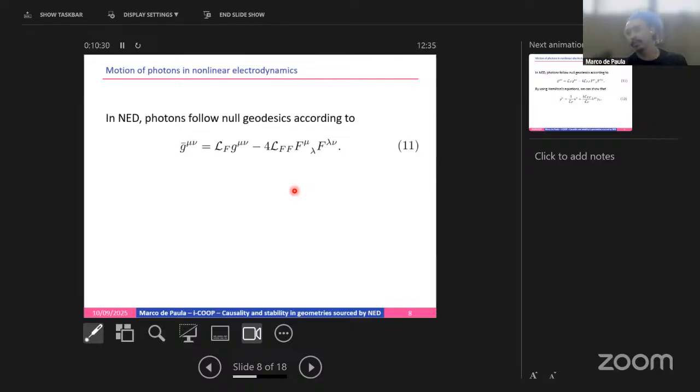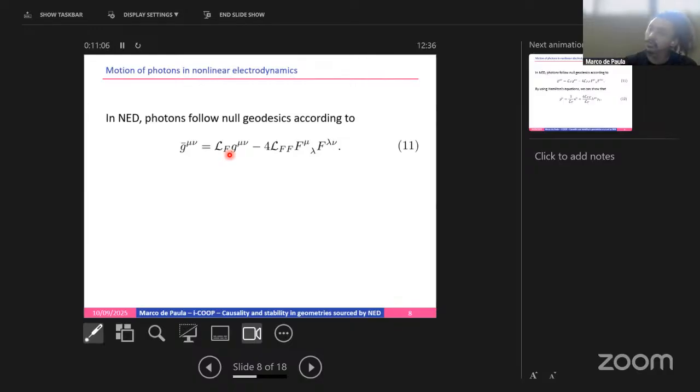I showed you at the beginning of the presentation that the self-interactions of the nonlinear electromagnetic fields in nonlinear electrodynamics introduce an effective current tensor. And this effective current tensor affects the motion of photons in such a way that in nonlinear electrodynamics, photons follow null geodesics of an effective metric, which is given by this equation here, where G bar is the effective metric tensor, and G is the standard metric, the metric of the space-time itself.